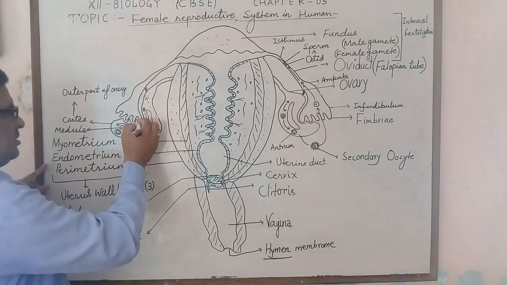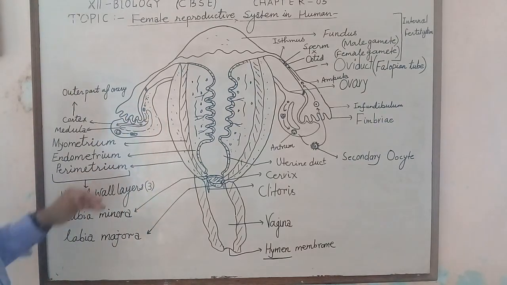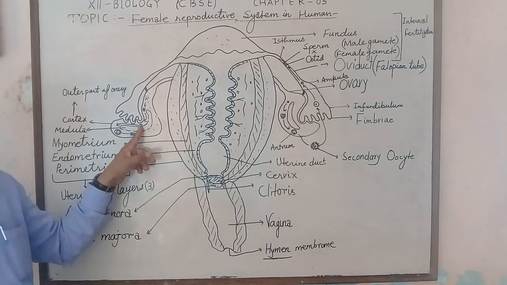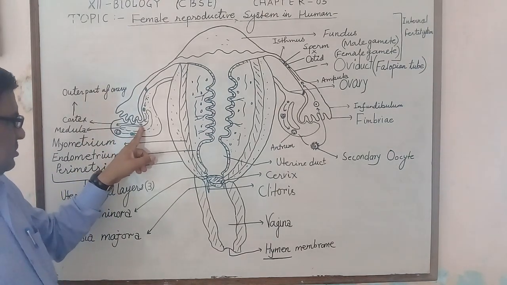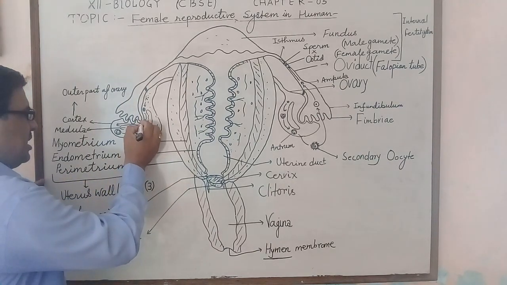The Graafian nest later on becomes enlarged and changes in the form of primary Graafian follicle, which is surrounded by a single layer membrane.